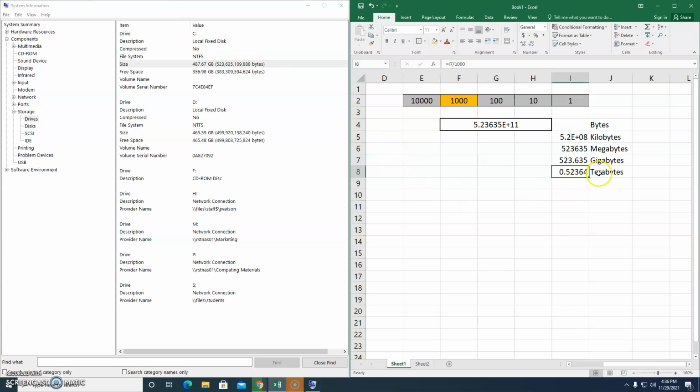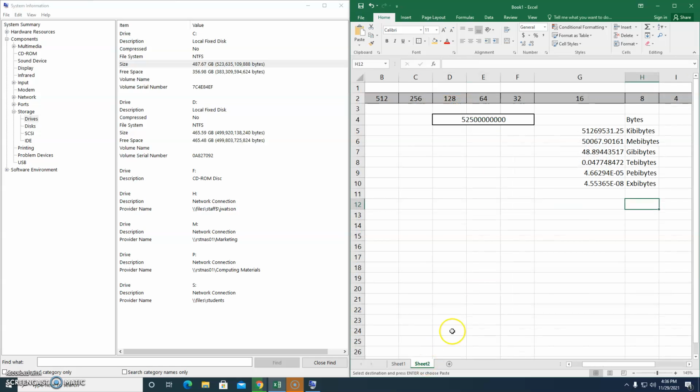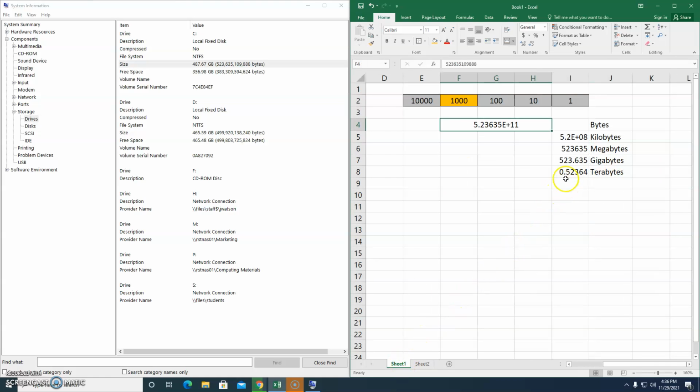It's half a terabyte. Let's go and see how big that number is. I'm just going to copy it. How big is that number in tebibytes? Just about the same. It's 0.47 tebibytes, and it's 0.52 terabytes.